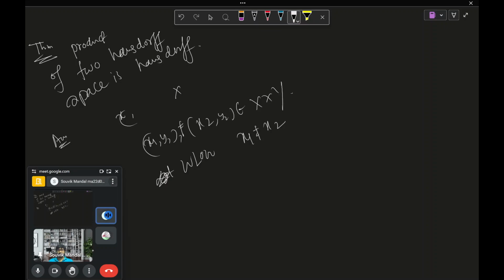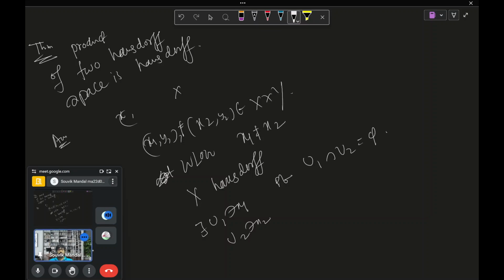Corresponding to x1 not equal to x2, capital X is a Hausdorff space, so there will be some disjoint open sets u1 and u2 containing these 2 points x1 and x2. Corresponding to y1 and y2, take any open set, no problem.